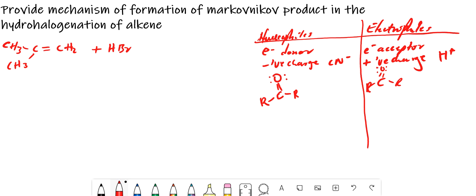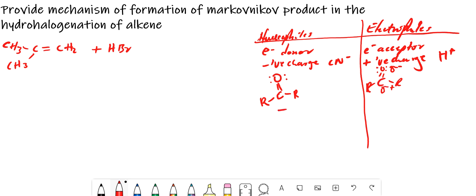So in this case, if you look at this, you will see that the oxygen is directly bonded to carbon, and because of the difference in electronegativity, the oxygen has higher electronegativity compared to carbon, and as a result it will withdraw or polarize these electrons towards itself, hence rendering it partially negative and the carbon partially positive. So the partial positive or delta positive carbon will act as an electrophile in this case.